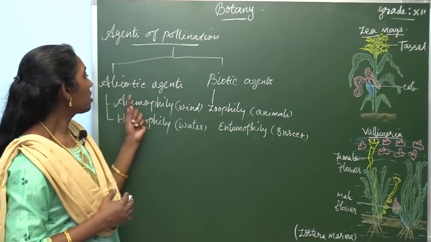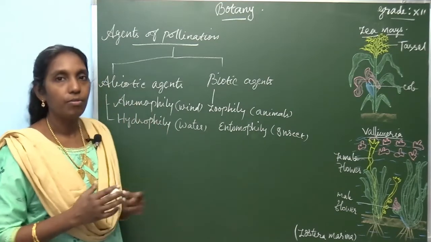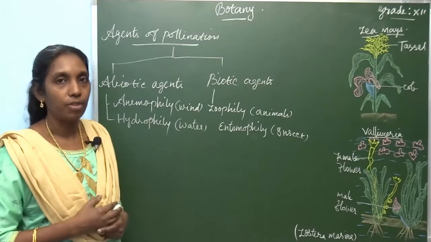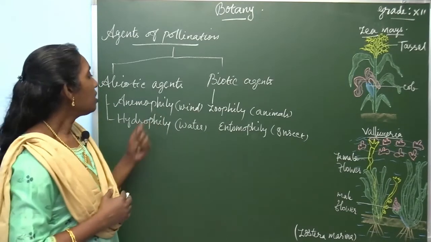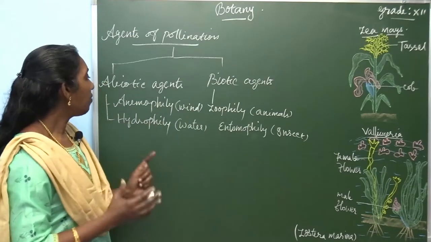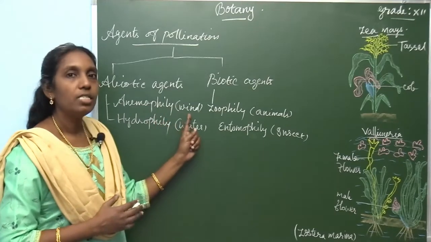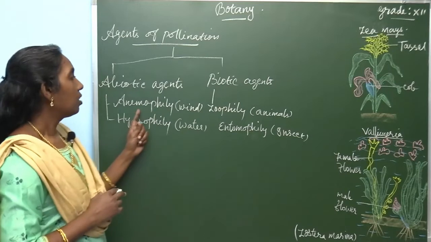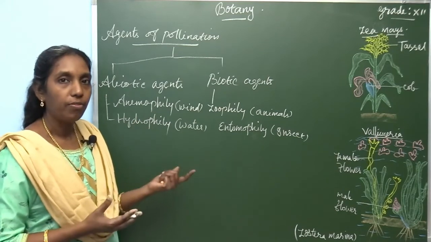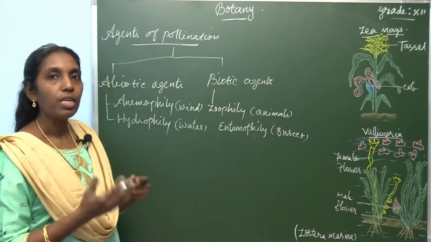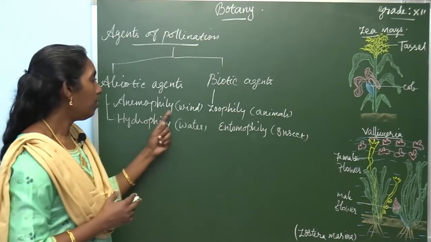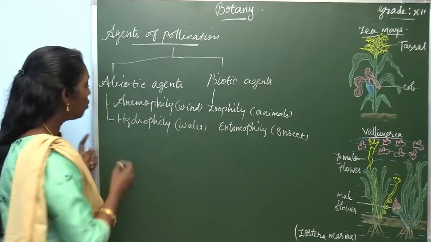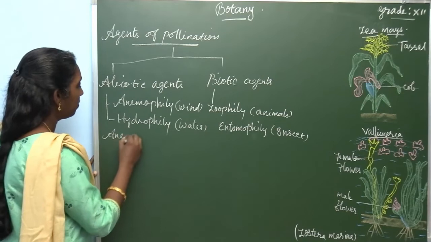What are the characteristic features found in anemophilous flowers and plants? What is the definition of anemophily? Wind pollinating flowers are called anemophilous. The process of wind pollination is called anemophily and the flowers are said to be anemophilous.